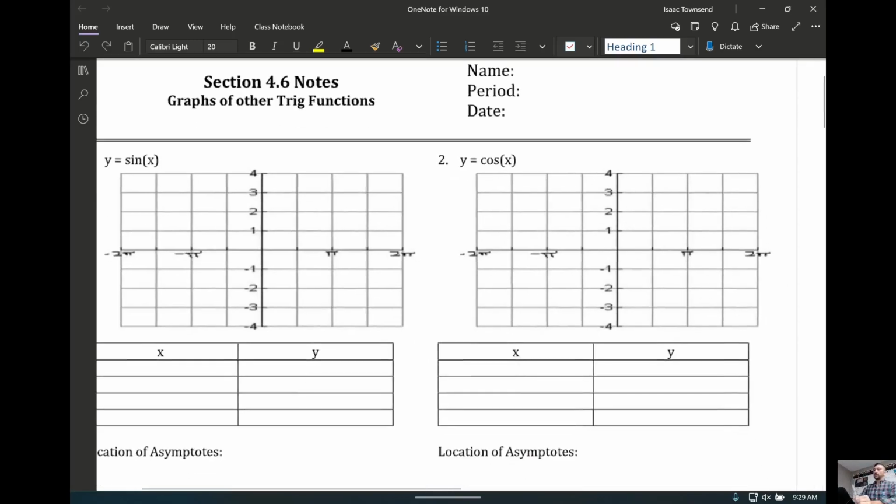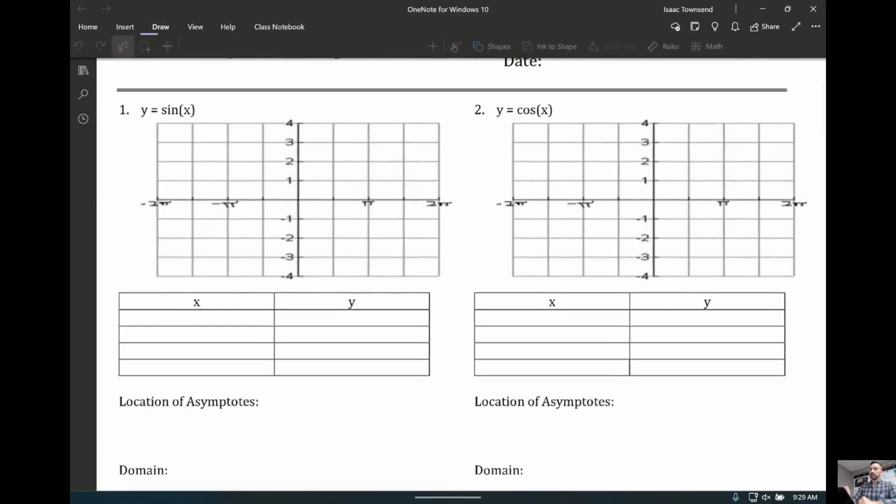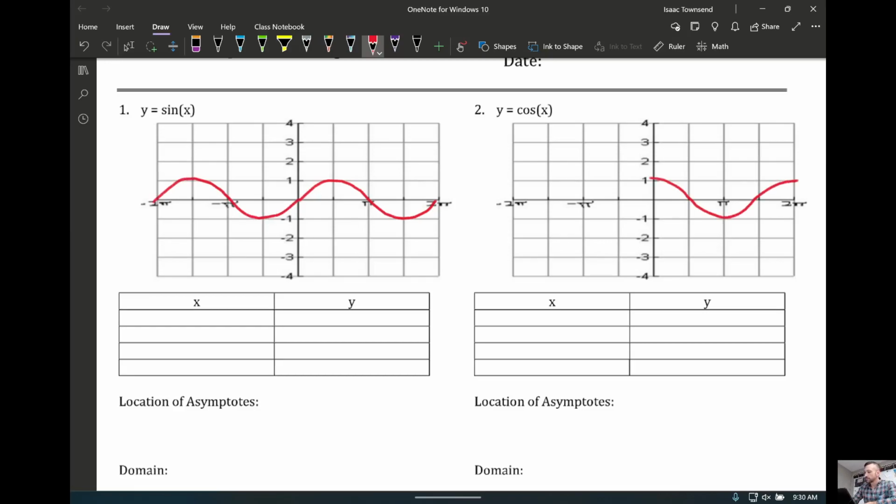So in 4.6, we've already talked about what sine and cosine look like. So you still need to know those 2. Now in 4.6, we don't do any transformations at all. So no amplitude changes, no phase shift changes, none of that stuff, not in 4.6.